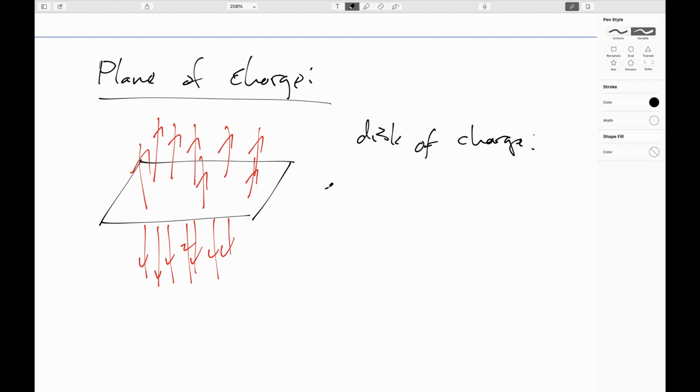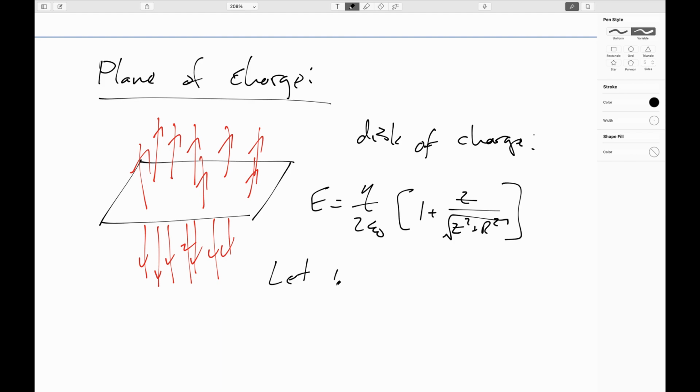Which said that E was equal to eta over 2 epsilon naught, 1 minus z over the square root of z squared plus R squared. And then what we'll do is we'll just let R go to infinity. So if I let R go to infinity, this is going to be something plus infinity. So that's infinity. The square root of infinity is infinity. And something divided by infinity is 0.